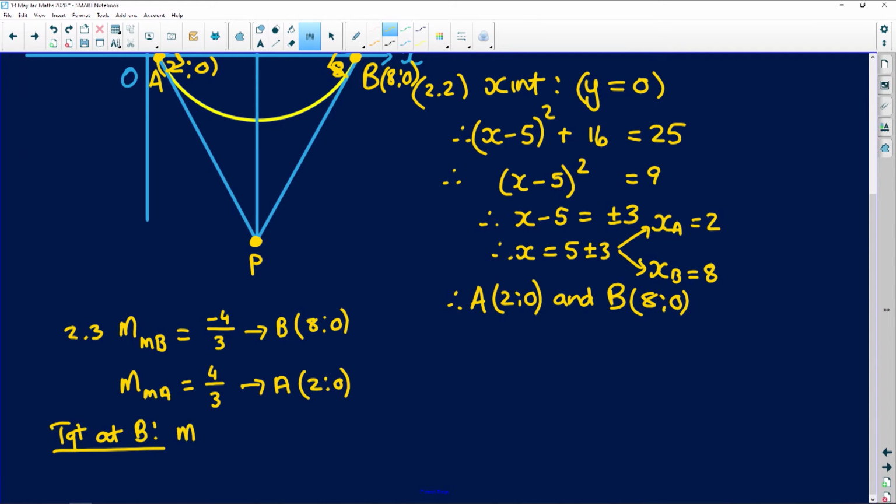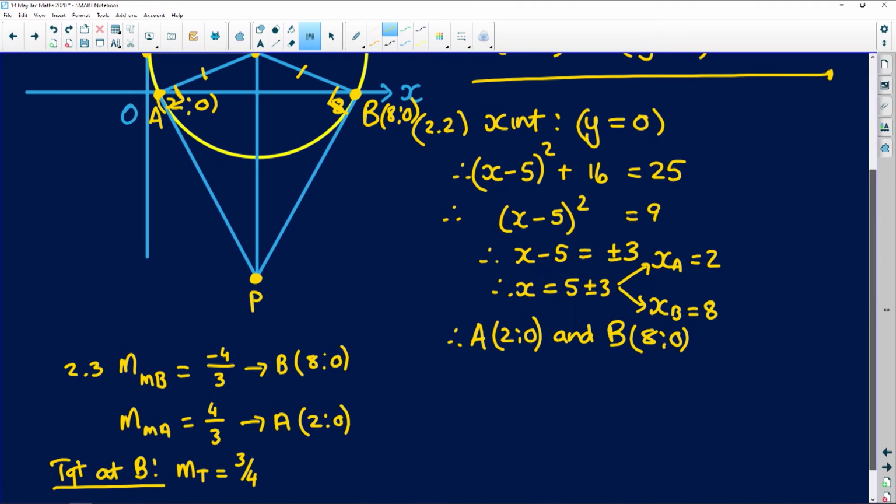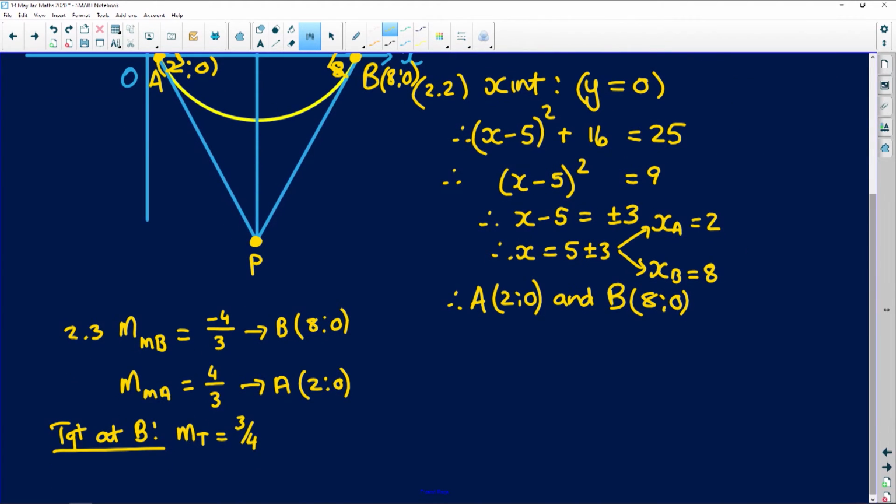The gradient of that tangent is going to be 3 over 4, because at the point of tangency, the two of them are indeed perpendicular to one another. Okay, and we're going to use the fact that they're perpendicular to find gradients. Okay, so now I've got the gradient and I have a point that lies on the line.